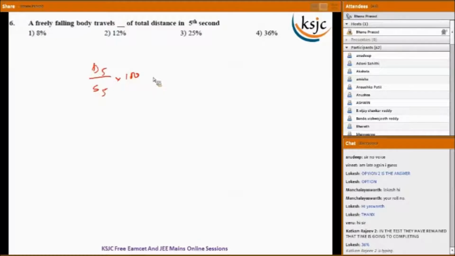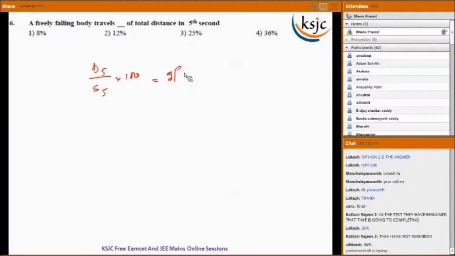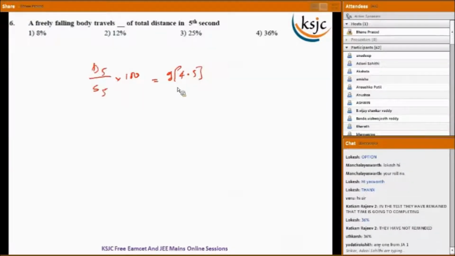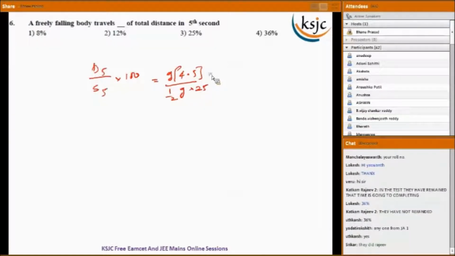So d5 is nothing but, it's a freely falling body, g into 5 minus half, I am putting directly as 4.5, by s5, which is nothing but half g into 25, and everything multiplied with 100. Now, if you simplify that, that leads to 36%.